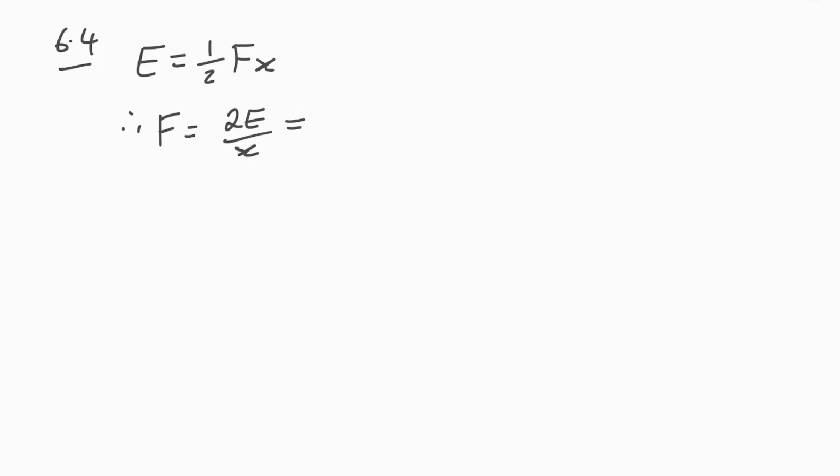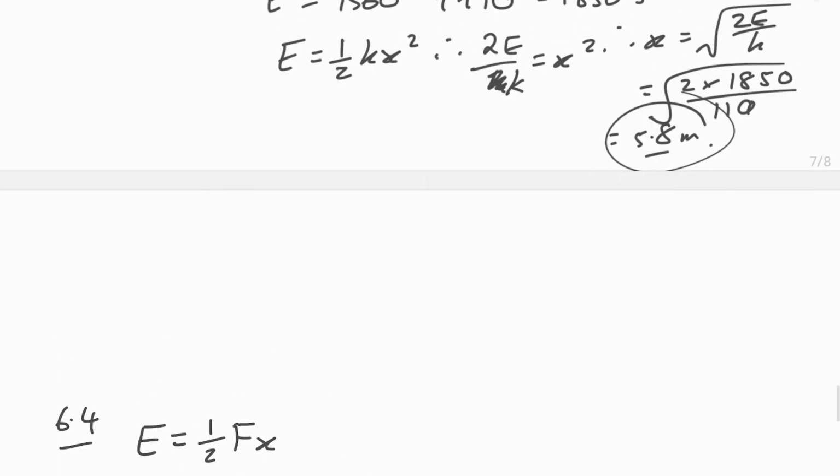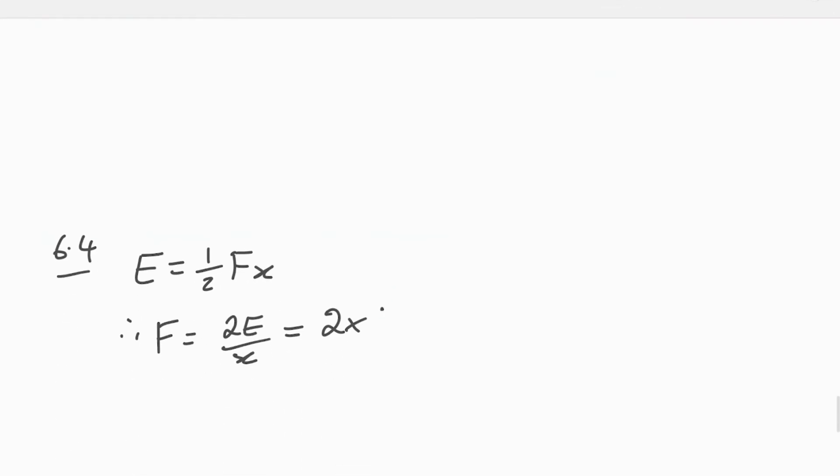So we just need our other energy equation. E is equal to half Fx. So the force is going to be equal to 2E over X. So that is 2 times 1,850 divided by 5.8.